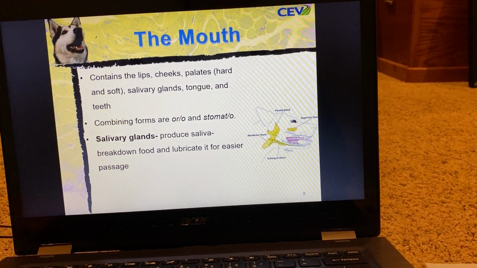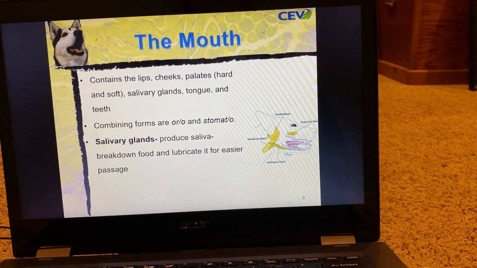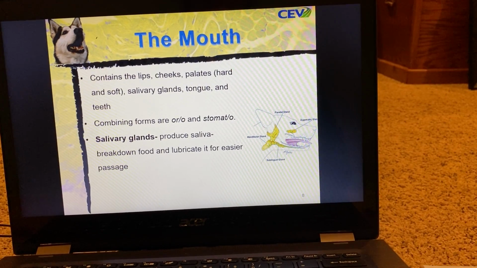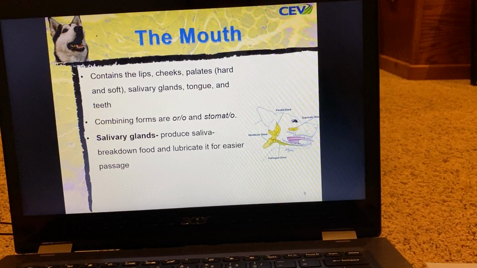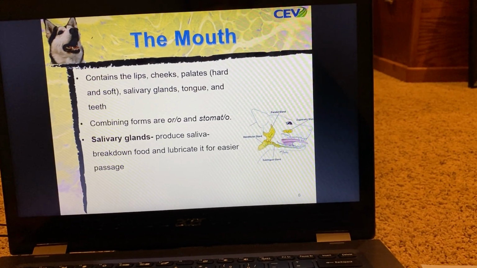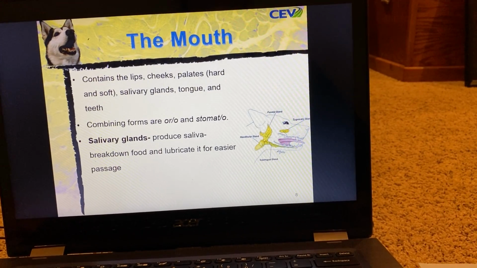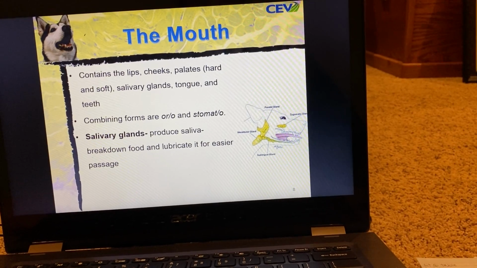So yes, part of that was just because of the moisture, but there's actually enzymes in your saliva that break food down. The other thing that saliva does is it lubricates our food so that it slides down easier.